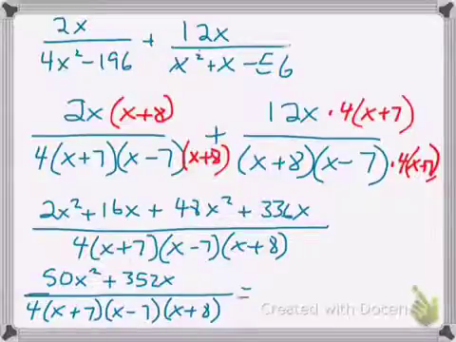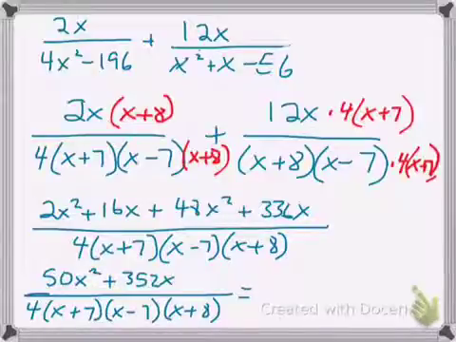Now I'm guessing something's going to factor up top. 352 is divisible by 2. Is that the only thing we've got to work with?